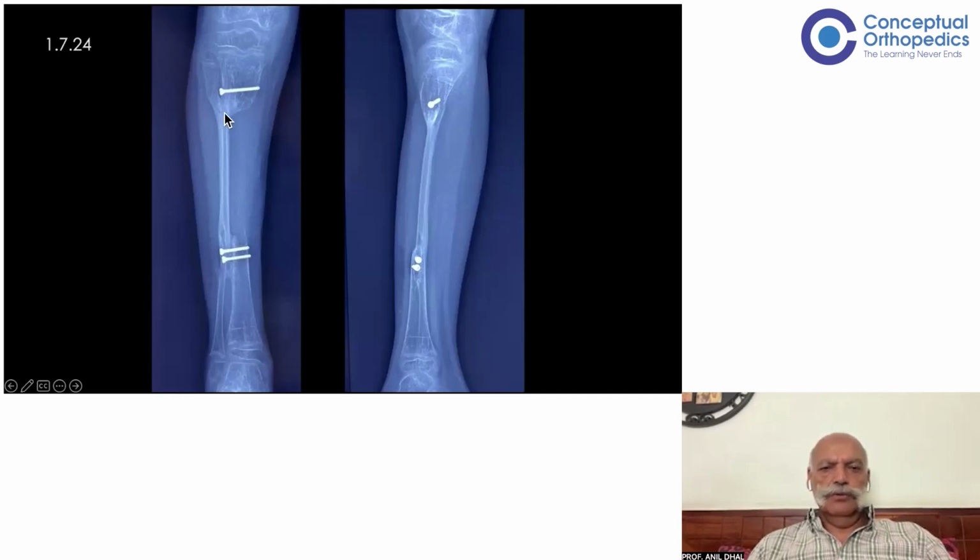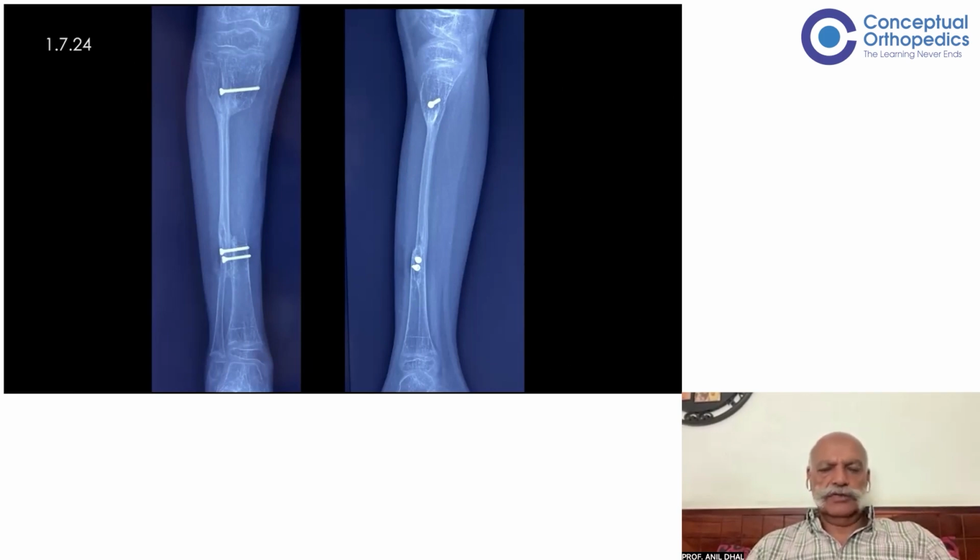And you can see how beautifully the fibula has also united to its parent proximal fragment and the distal fragment. The alignment is very good, both in the AP as well as the lateral view. And at this stage, we initiated this patient on weight bearing within the cast.